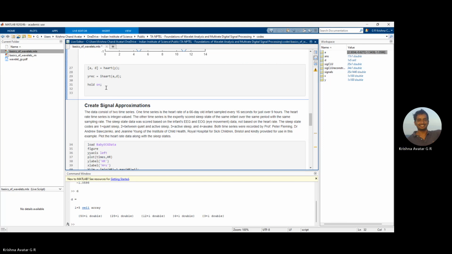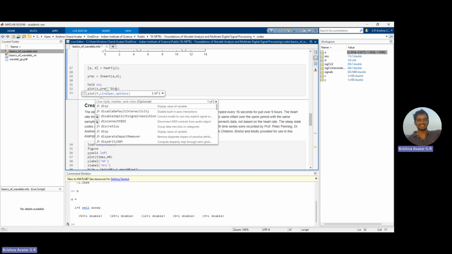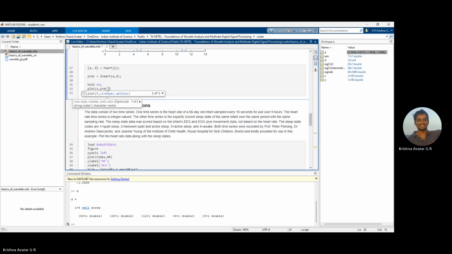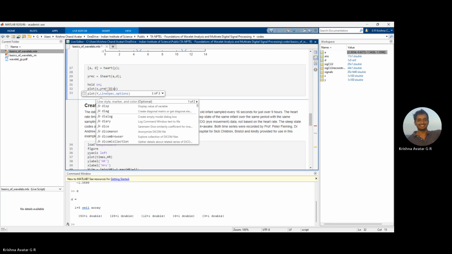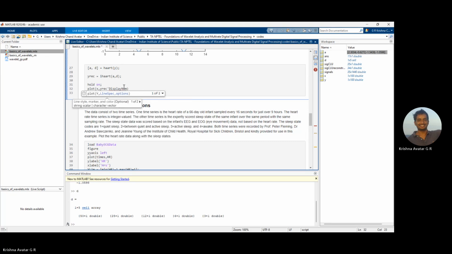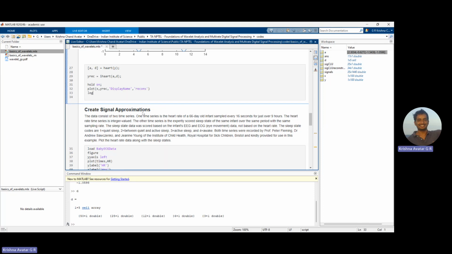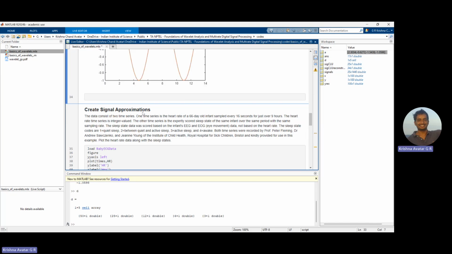And plot x comma y rec, display name reconstructed. Then legend. Let's press enter and see how it looks.